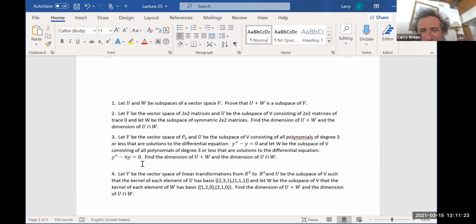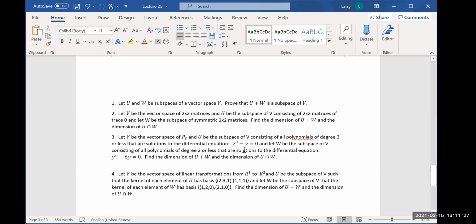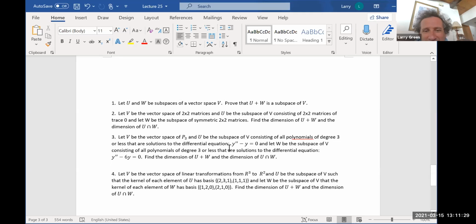So y double prime minus y equals 0. Do you remember how to solve that? Not really. Okay, so we know that the second derivative of a function, so let me copy this and rewrite it. So we know the second derivative of y is equal to y. Hopefully that was not a magical step.